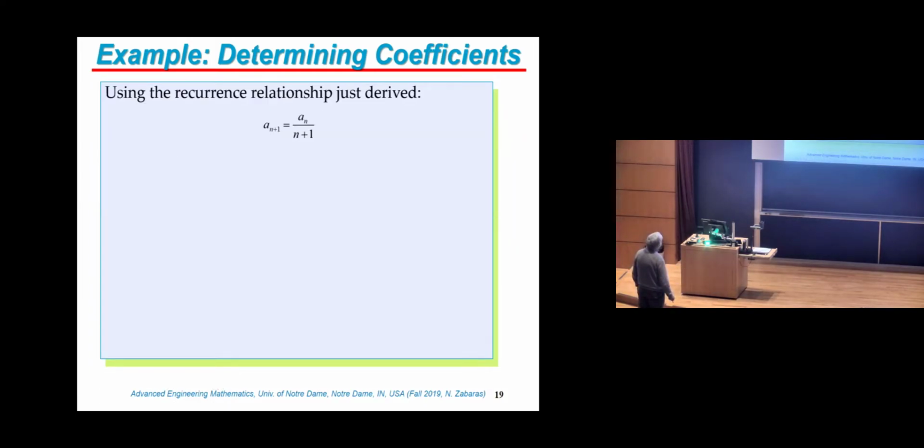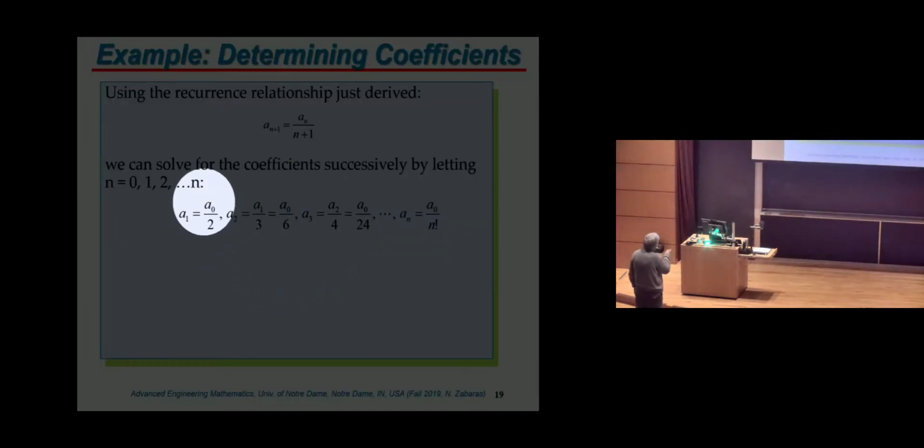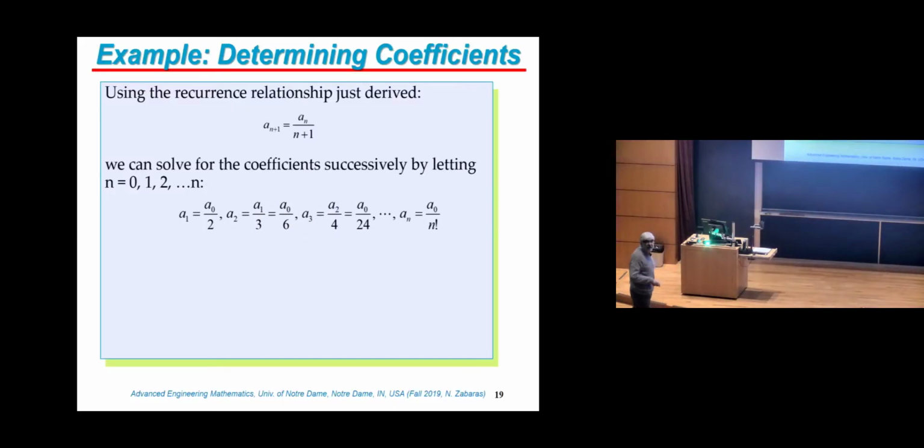So if you take this recursive equation, you assume that you know the coefficient a_0. So you can see a_1 will be a_0 divided by 2. a_2 will be a_1 divided by 3. And a_1 is a_0 over 2, so it's a_0 over 3 factorial. Can you see that?